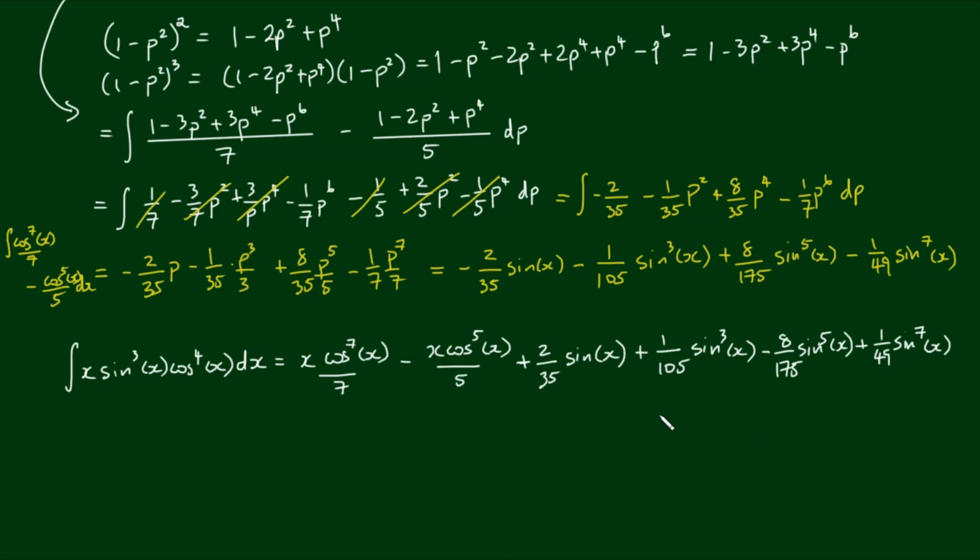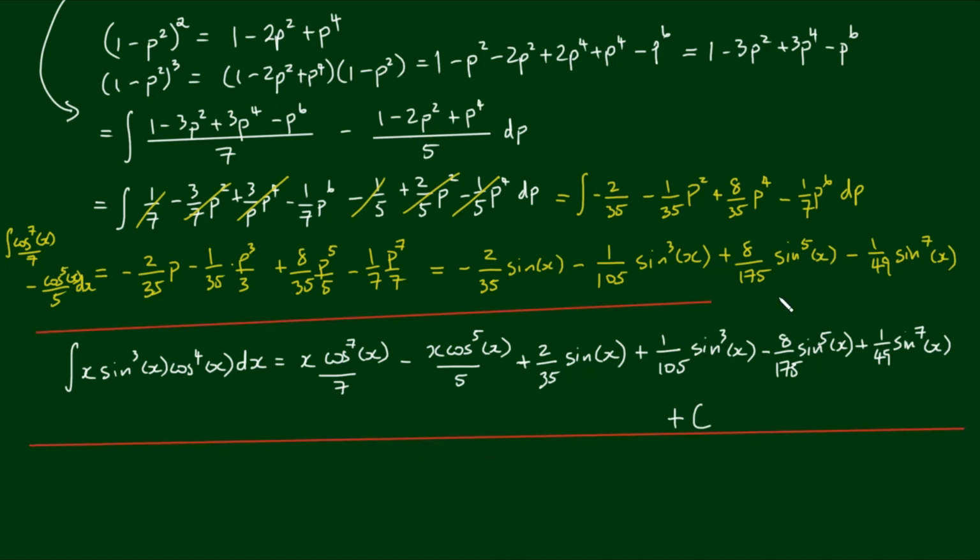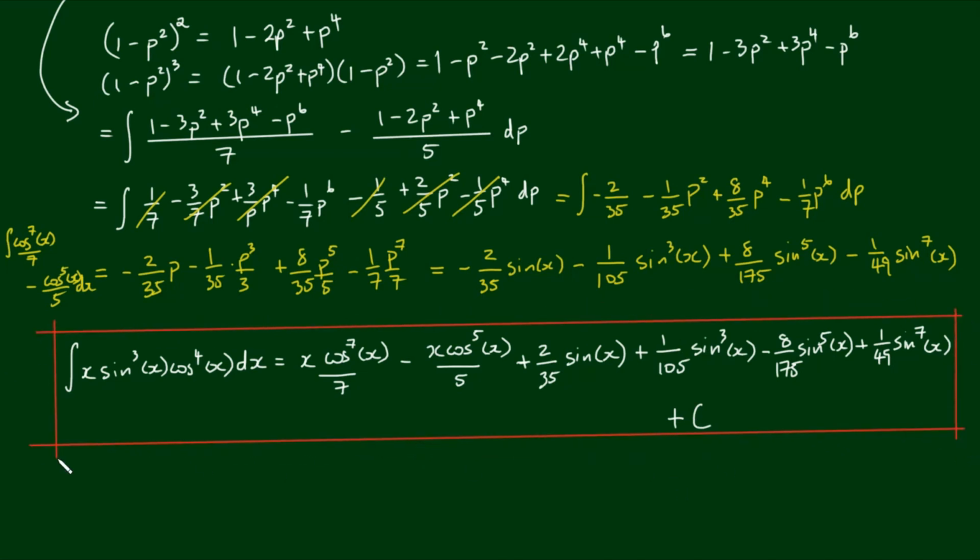And because this is an indefinite integral, we never forget the addition of an integration constant plus c. Okay, so that takes care of that integral. But what I'm going to do now is to make a visual confirmation of this result.